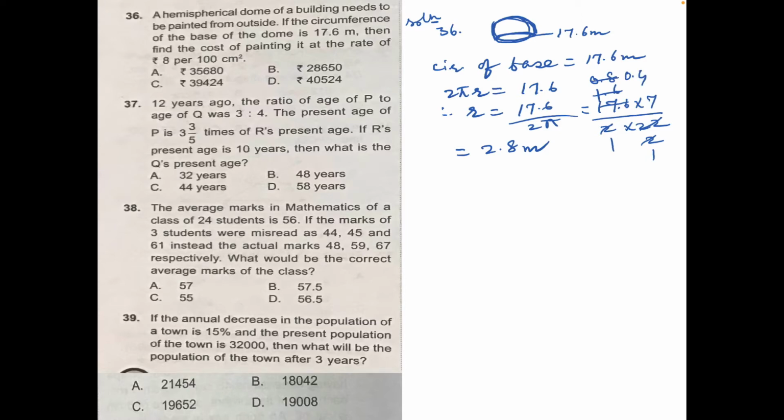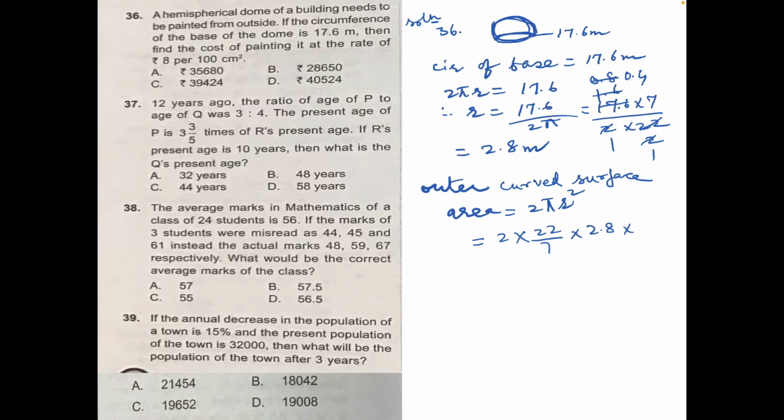Now I need the area of the outer surface of the dome. Outer curved surface area is equal to 2 pi r square, 2 into 22 by 7 into 2.8 into 2.8.